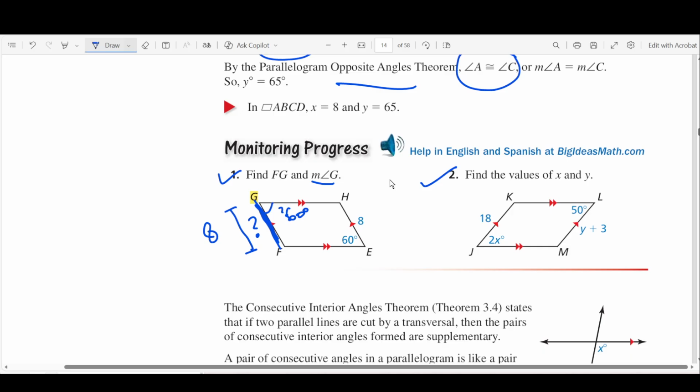Okay, try number 2. Find x and y. How would you find x?